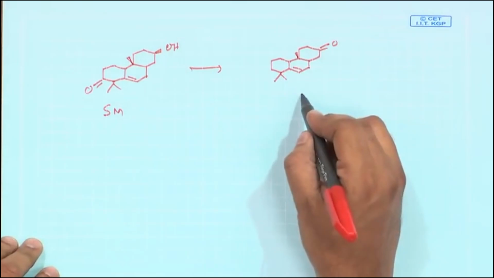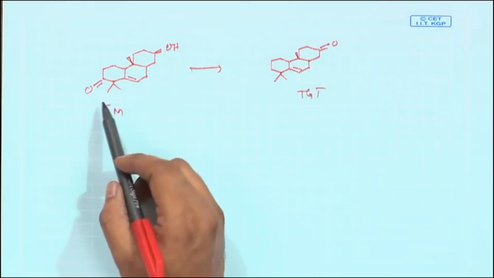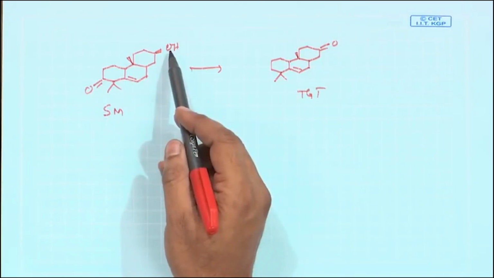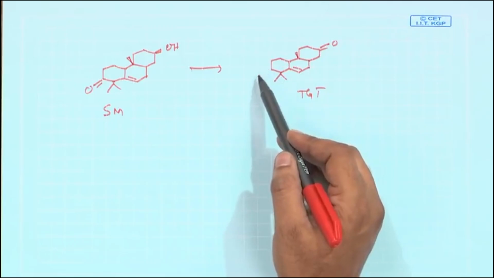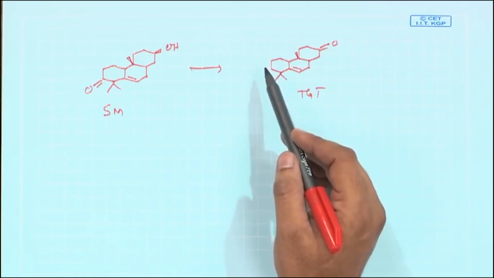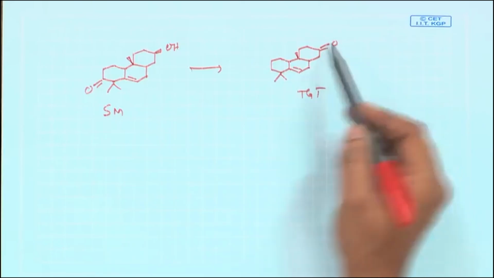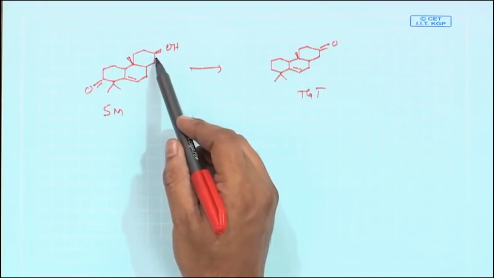The starting material has a ketone and a hydroxy group. In the final target, the ketone has been deoxygenated, a kind of redundant functionality, and this end of the molecule, this hydroxy group, is now oxidized.